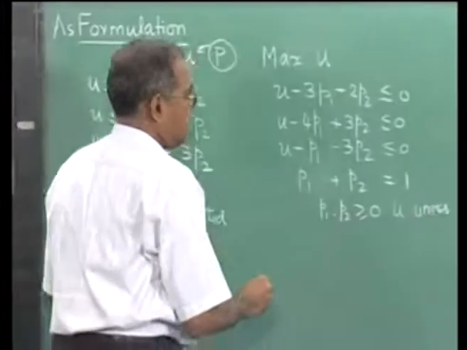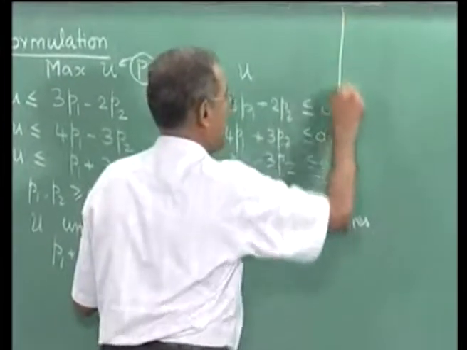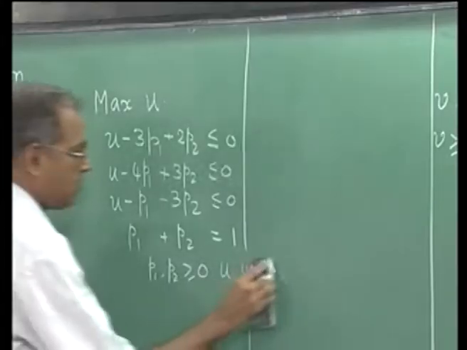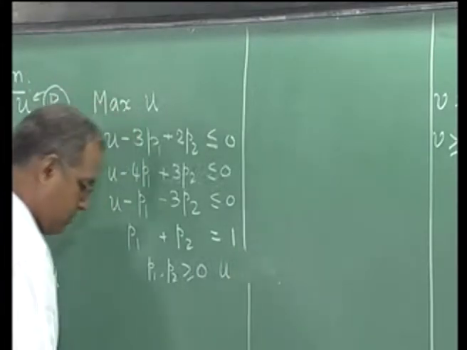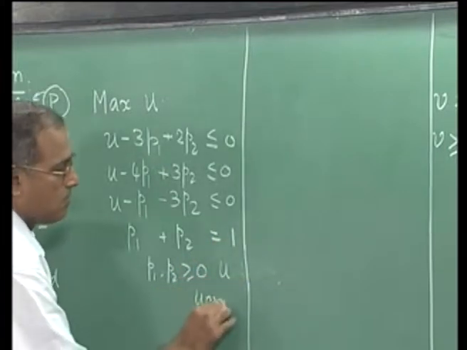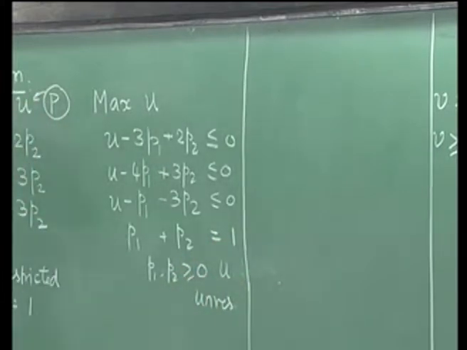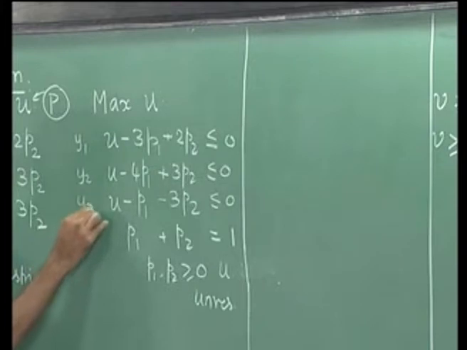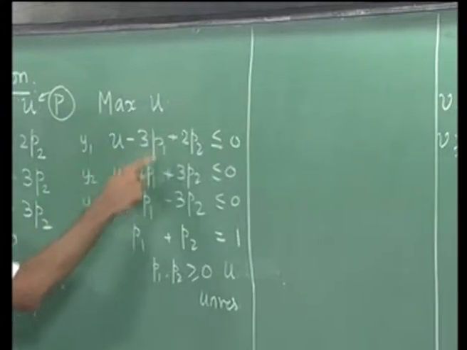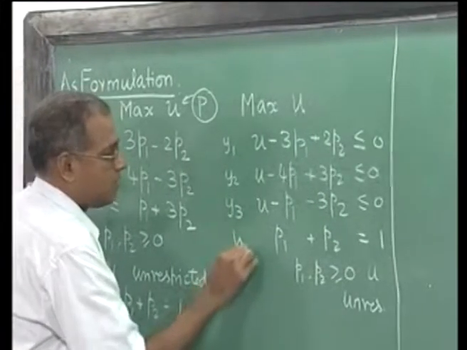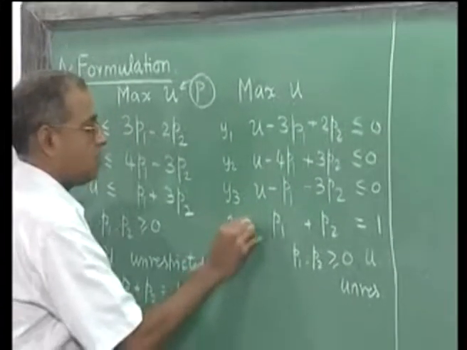Now, let us define dual variables y1, y2, y3 for these 3 constraints, and let us define another dual variable w for this.